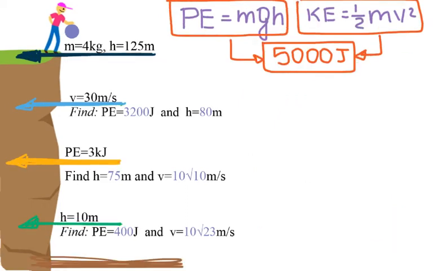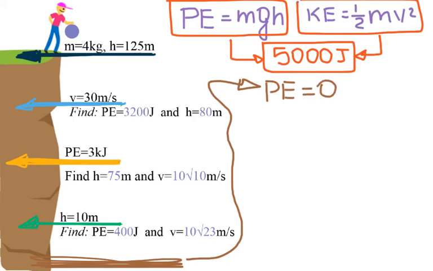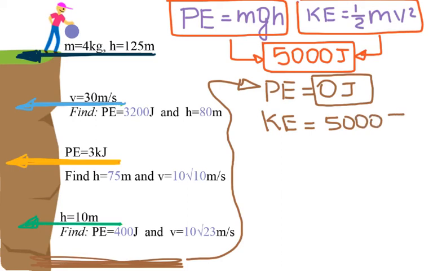And the final one is right before it hits the ground. Right before it hits the ground, the potential energy is going to be equal to 0, because there's going to be no height. The total energy of the system is 5,000 joules, so the kinetic energy must be equal to 5,000 joules.